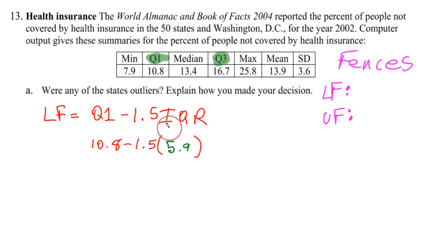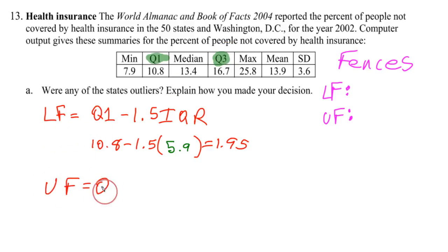Okay, so if I do that calculation here, I get 10.8 minus 1.5 times 5.9, and I get that my lower fence is 1.95. And now I need to do the same thing for the upper fence.